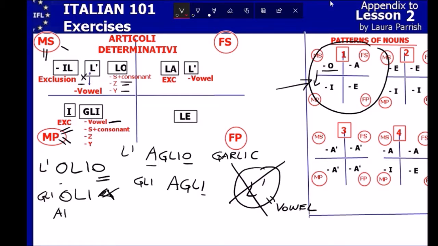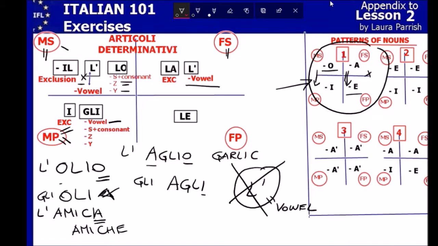Let's do amica, okay? Amica means girlfriend. See, here it is feminine, in this pattern, so it is feminine singular. It starts with a vowel, so you know it will be L apostrophe, l'amica. Let's make it plural. How do you make it plural? You go here, you go down, you go to feminine plural, so it's going to end in E. Amiche, a-m-i-c-h-e.